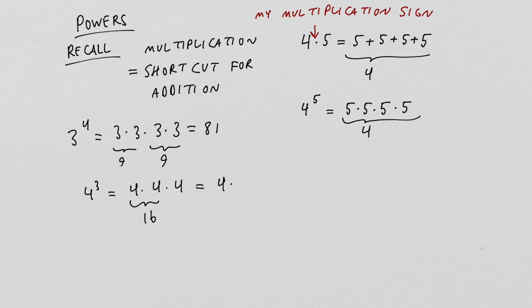It is 4 times 10 plus 4 times 6. I will get 40 and I will get 24, and together these make 64. We see that 3 to power 4 is different than 4 to power 3.